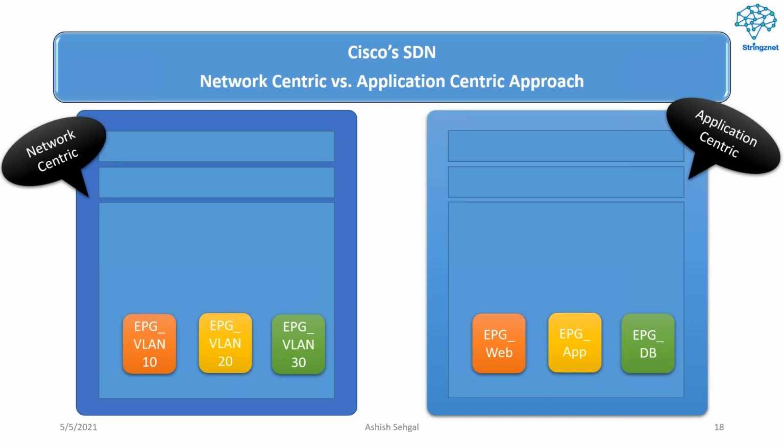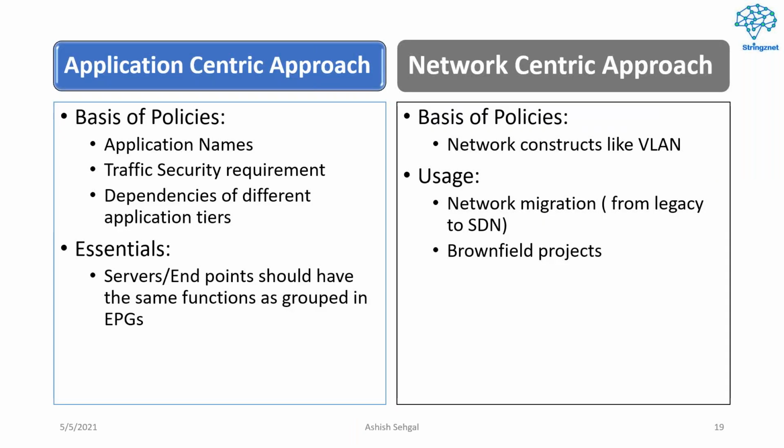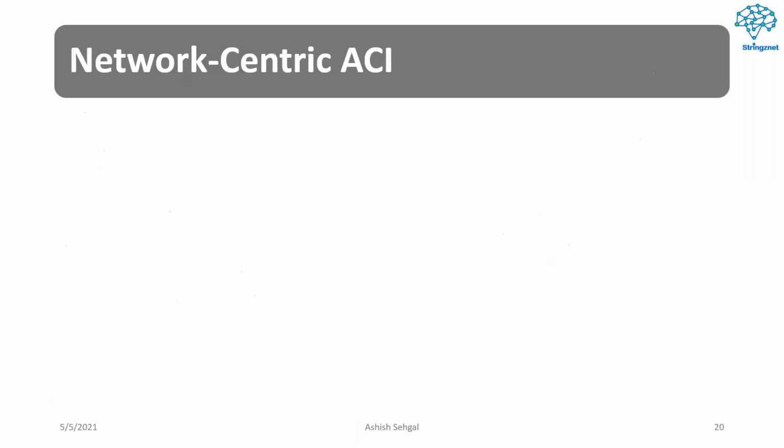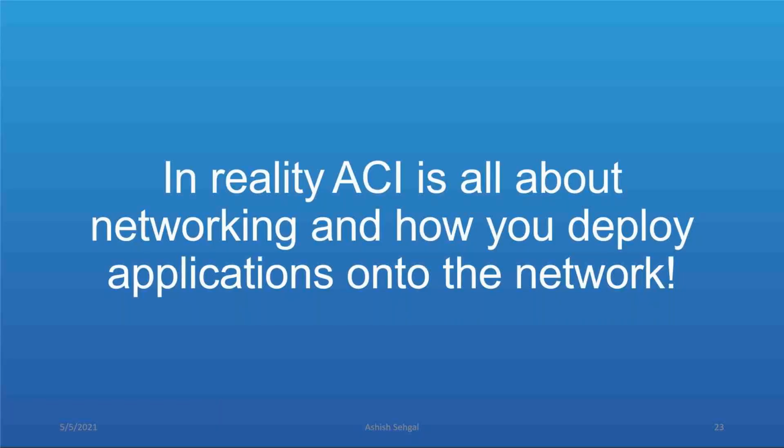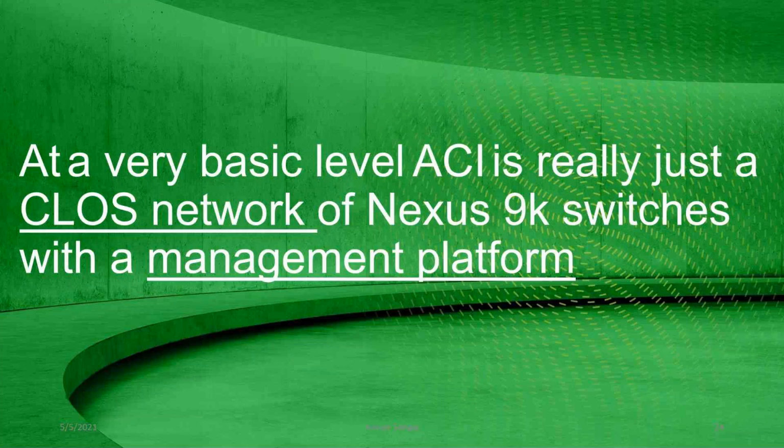Very practically, we are going to look into this. So we will be taking a practical look at network centricity and application centricity. I really need to take you guys towards how ACI looks at the initial phase. So I would just like to tell you the connectivity in our ACI fabric.